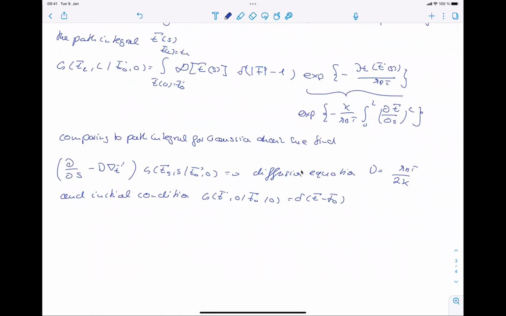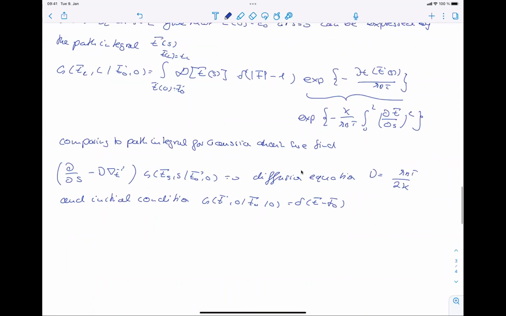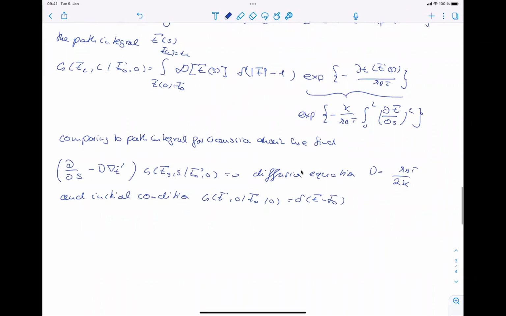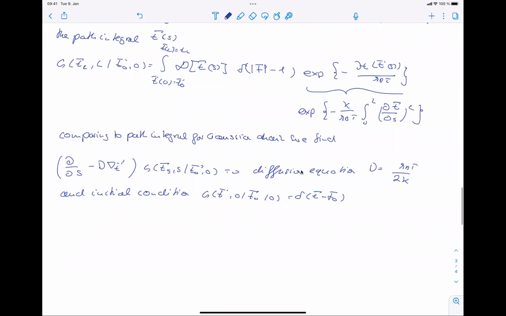Now, what is different with this diffusion equation yet is this, as I already advertised, annoying constraint that our curve is inextensible. And what does this mean now in the context of this diffusion equation? Well, it means that we're actually looking at the diffusion of the tangents on the unit sphere.